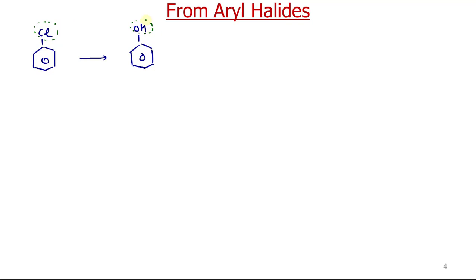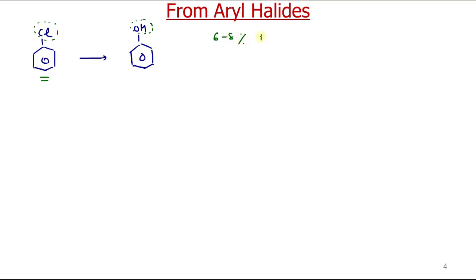It is a nucleophilic substitution, but aryl halides do not undergo nucleophilic substitution quite easily. So we need very harsh conditions for these reactions, because the reactivity of aryl halides towards nucleophilic substitution is quite low. But we can convert this into phenol when we heat chlorobenzene with 6 to 8% NaOH.